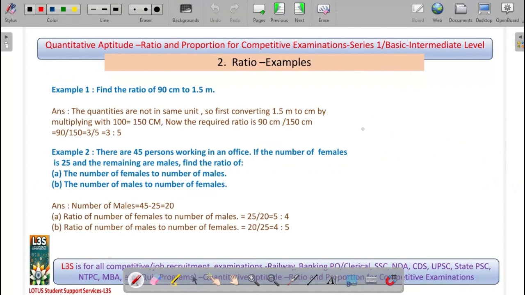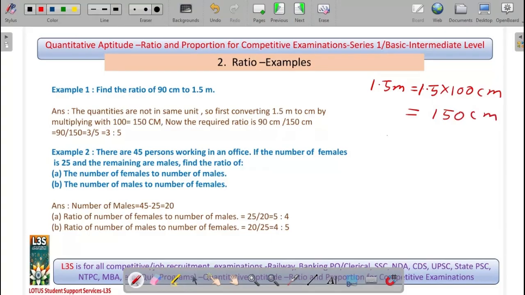Some examples of ratio. Find the ratio of 90 centimeter to 1.5 meter. Now here we can see that one is in centimeter and one is in meter. So first we will convert 1.5 meter into centimeter. 1 meter is equal to 100 centimeters, so we have to multiply this by 100 to get centimeters. So this will be 150 centimeter.